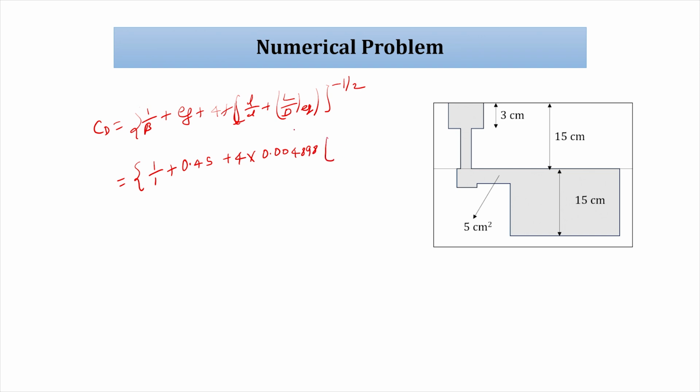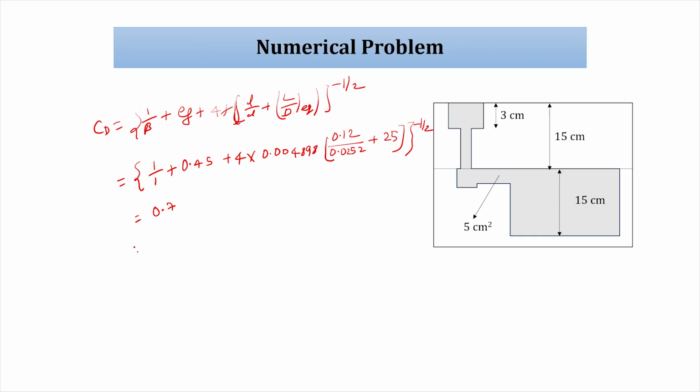What is L? L is 0.12 divided by 0.0252 plus 25, to the power minus half, okay, and the value is 0.7. Now, the discharge coefficient is 0.7.